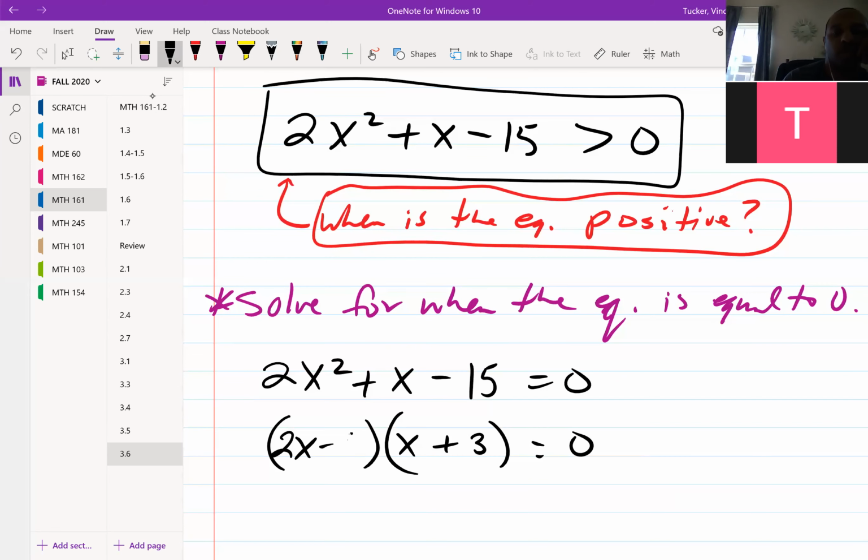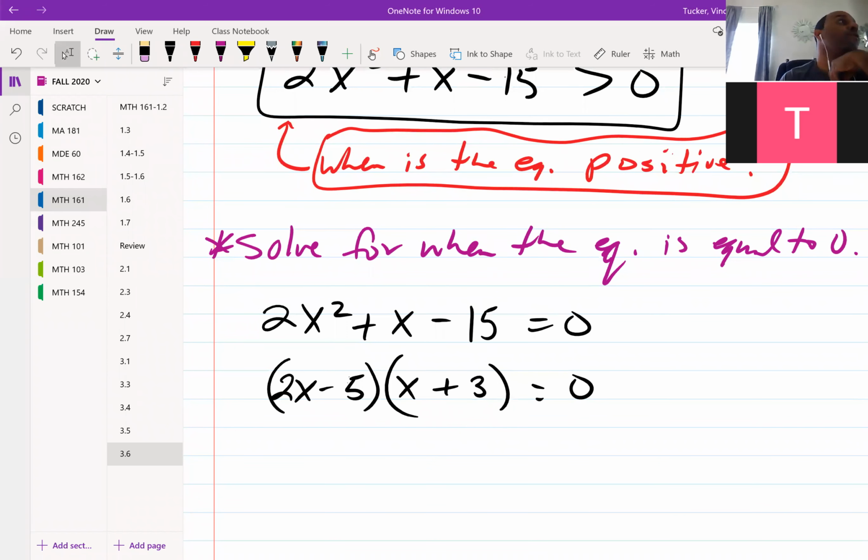Let me check this: 2 times 3 is 6, and that's minus 5. Yes, that'll work. If you can factor, you can go ahead and factor. If not, remember you can always use your quadratic formula. Either way, you'll still get the same values for your solutions.